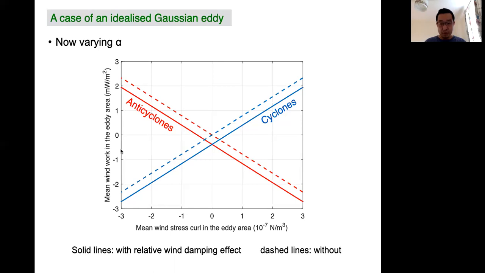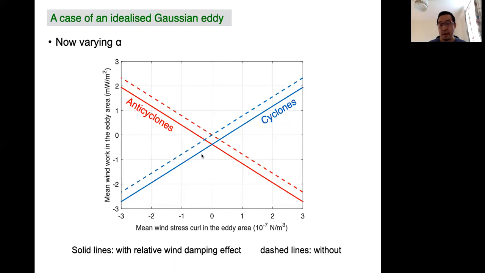So the opposite is true for negative wind stress curl. And secondly, we find there is this linear relationship between wind work and the wind stress curl.